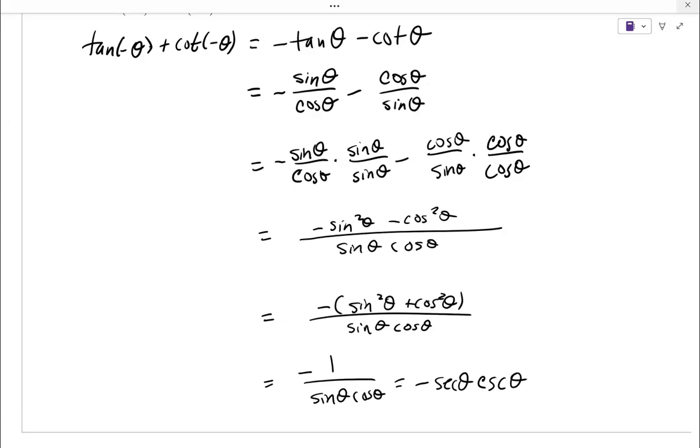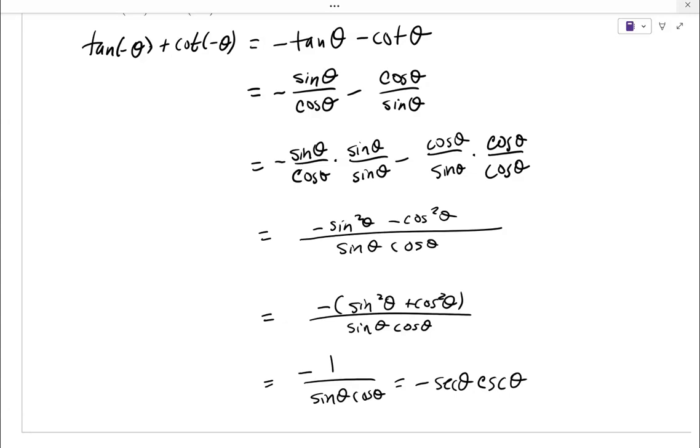In this second step, you could have just rewritten cotangent as 1 over tangent and then got your common denominator as well, and got to the same place. Might even get there a little bit faster, but it's the same thing.